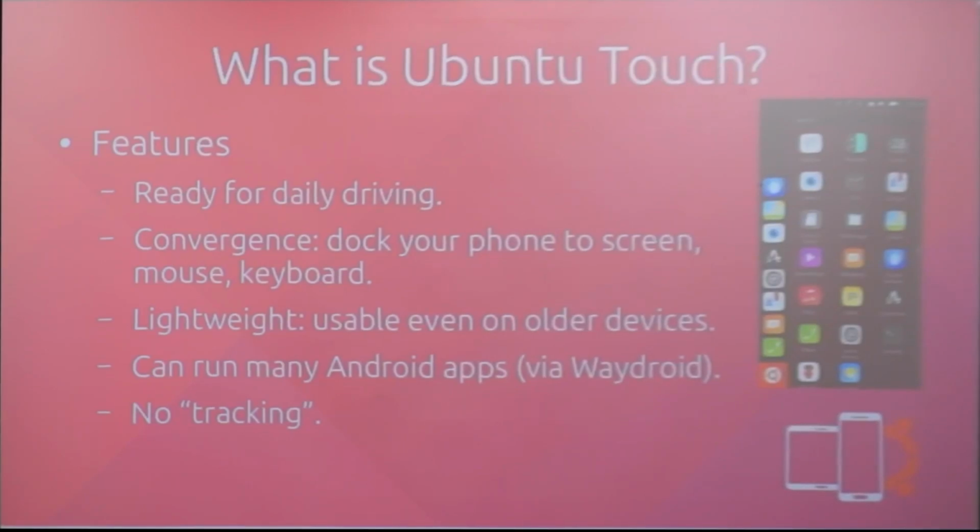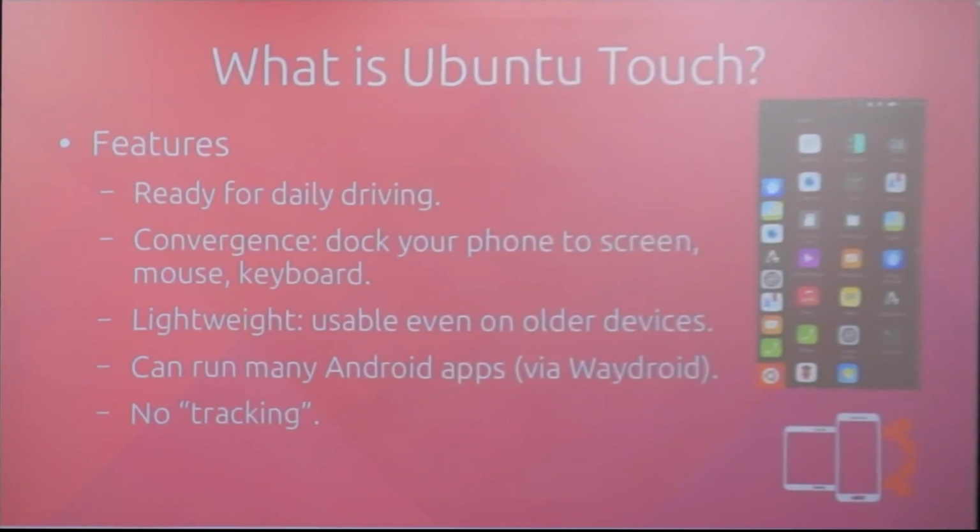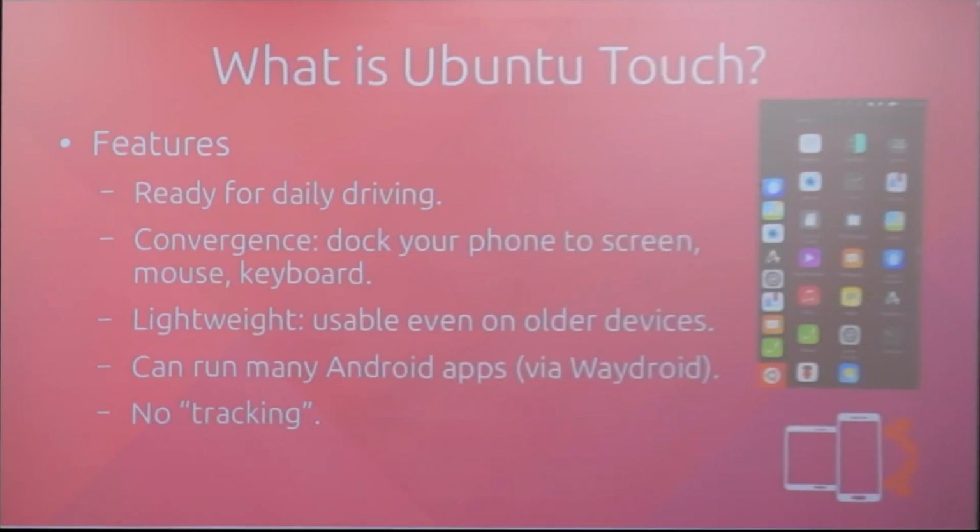It can also run many Android applications. For those that still depend on them, we have a compatibility layer which allows Ubuntu Touch to run Android applications. And then we have no tracking or phoning home. Now, that's not strictly true, because we do have modern smartphone comforts such as push notifications and system updating.